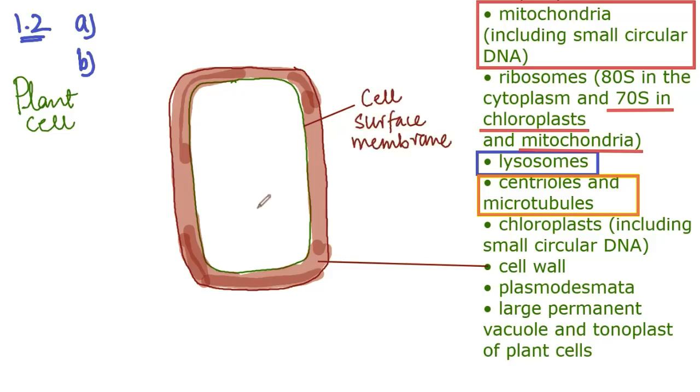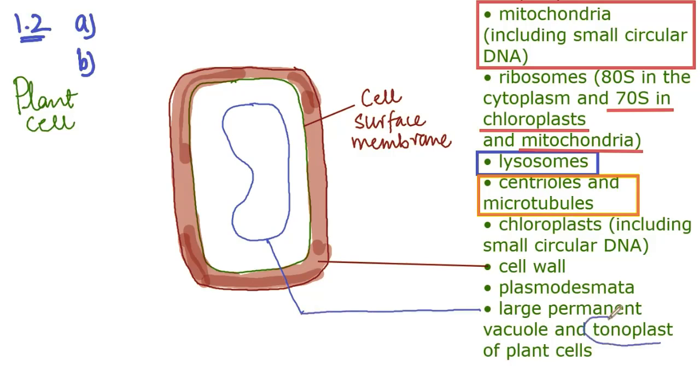Plant cells contain a large permanent vacuole, and mostly it is covering the central part of a plant cell, and this large central vacuole that is permanent has a membrane which is called tonoplast. So tonoplast is the name of the membrane which encloses the vacuole.